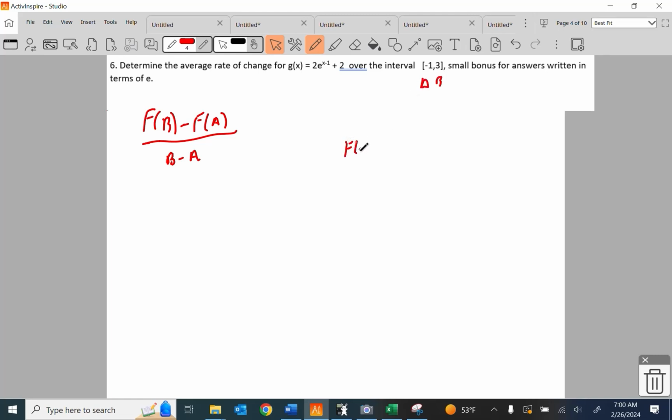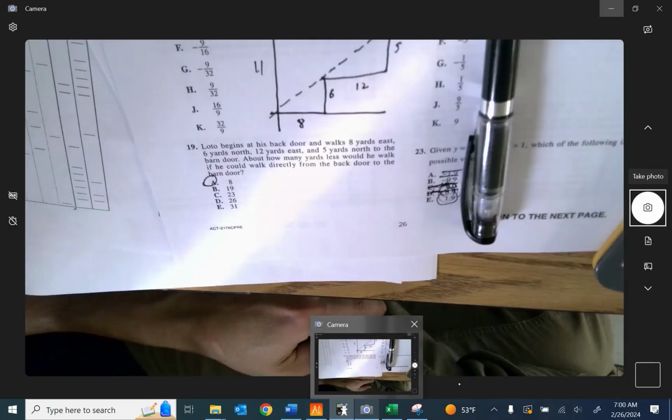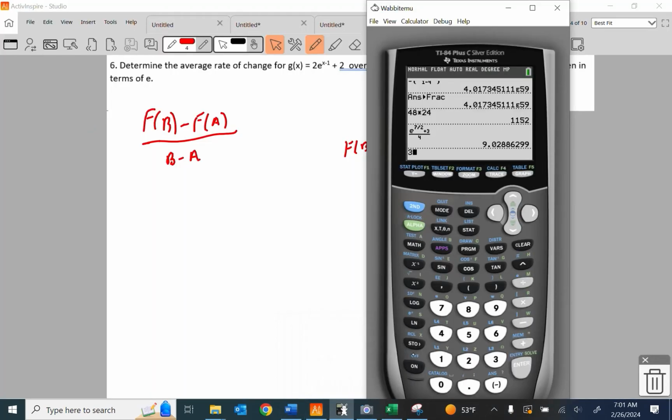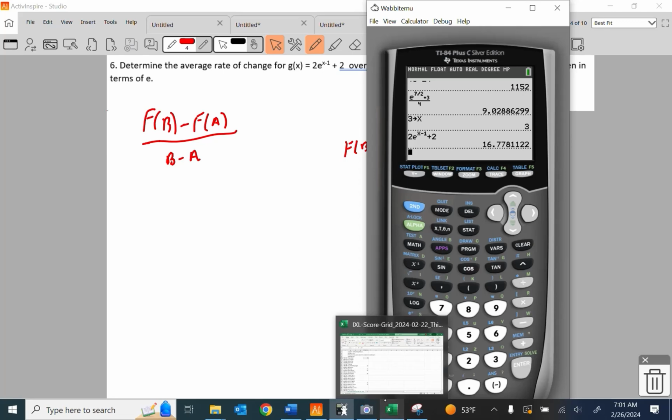Anyways, to find F of B here, I'm just going to use a storage feature on the calculator. I'm going to take a 3, store it to x. So 2, second e to the x minus a 1, plus a 2, is about 16.7781.